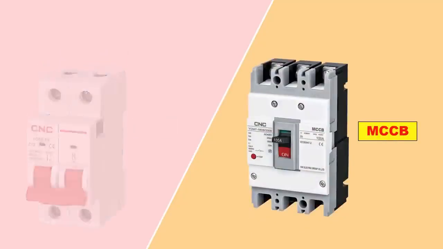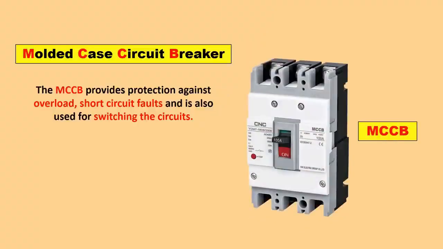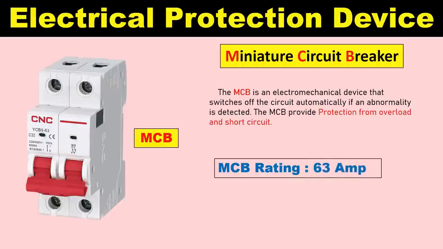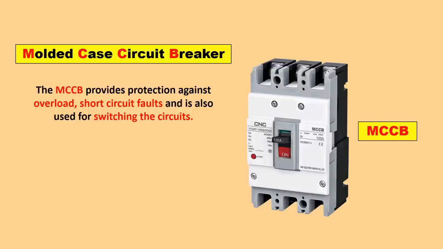After this, next device is MCCB. Full form of MCCB is molded case circuit breaker. Friends, the MCB you have, or if you are going to buy a MCB, then a maximum of 63 ampere rating MCB you can buy. These days you can find a 100 ampere rating MCB also, but before, till 63 ampere rating MCBs were available in the market. Now if you want a protection device of even higher rating, then in this condition you have to buy a MCCB.